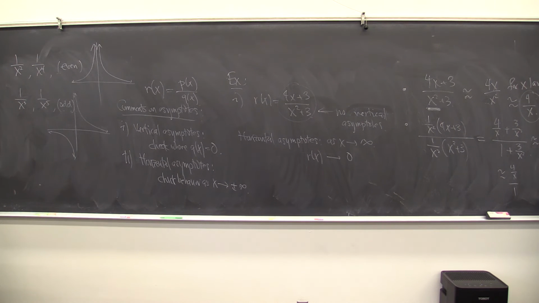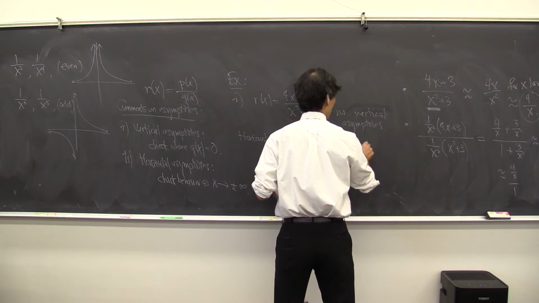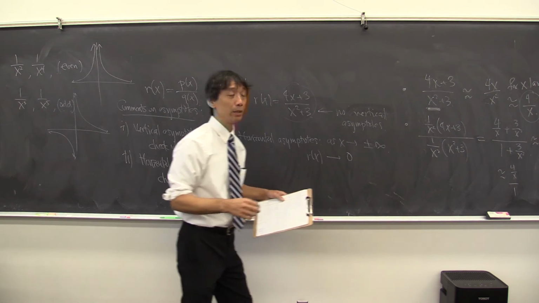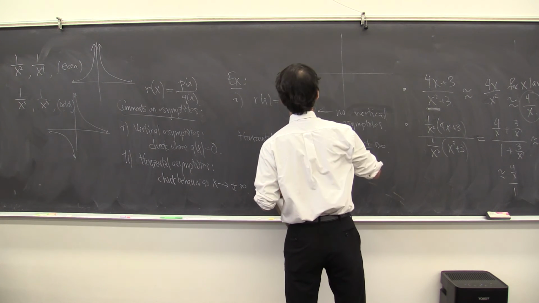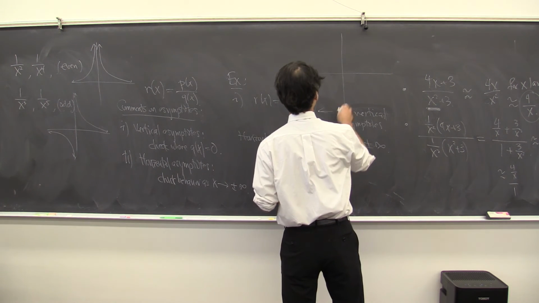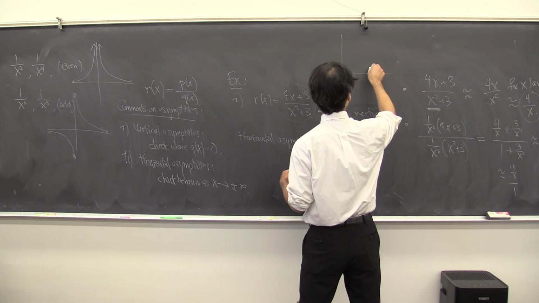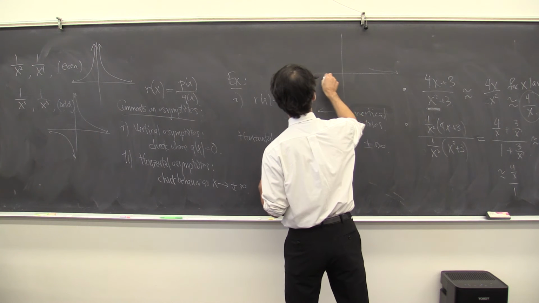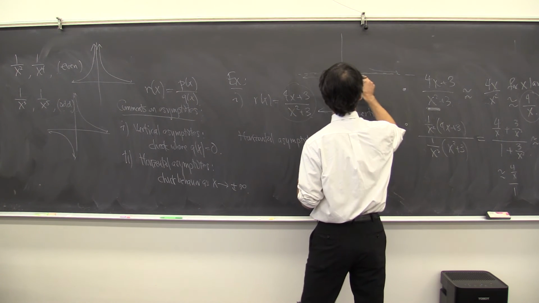It's a negative number, but it's still going to tend towards 0, as the bottom becomes huge. So as x goes to plus or minus infinity, it's going to be 0. So you know that it has some asymptotes. It has no vertical asymptotes, but as it goes off towards infinity, it tends towards this line y equals 0.